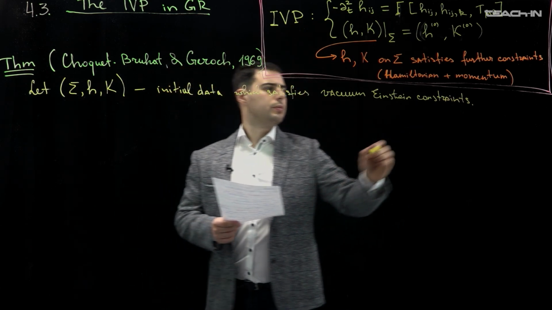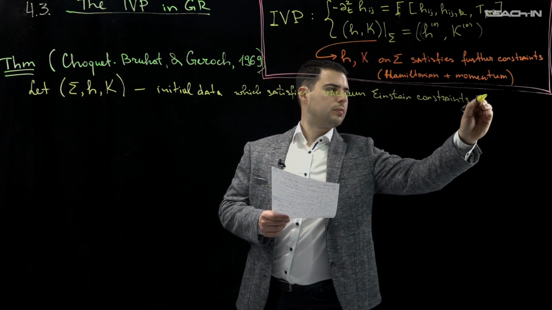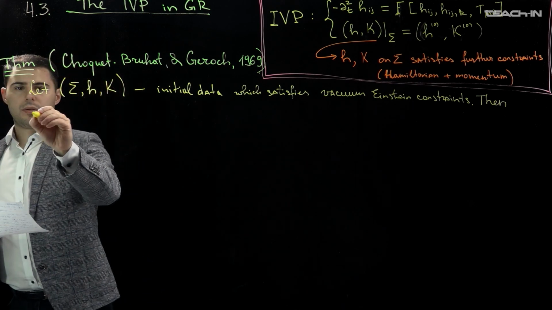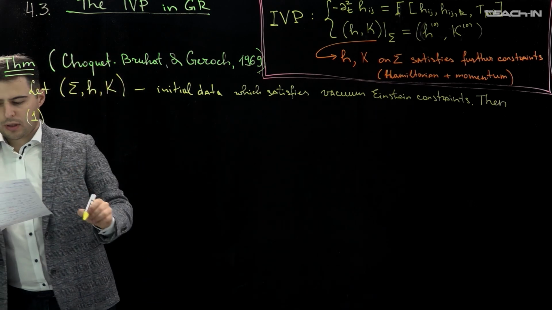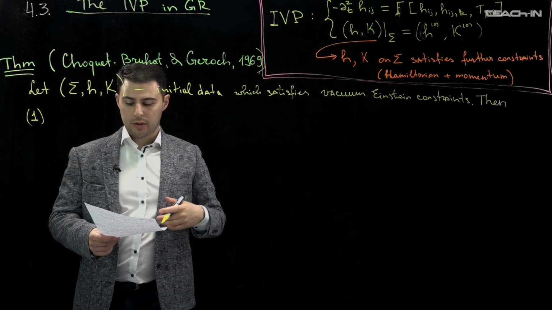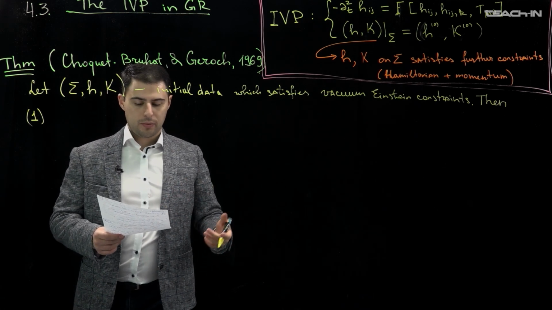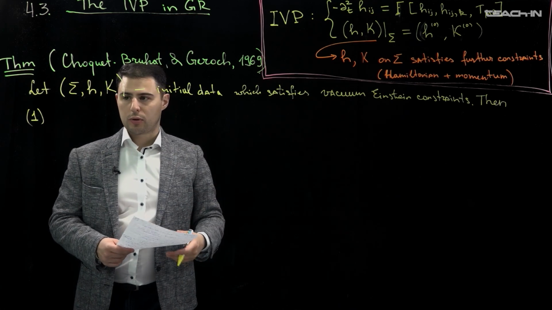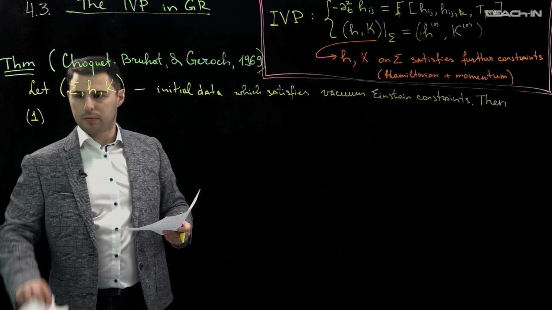Then, first of all, there's a unique evolution, of course, up to a diffeomorphism of this spacetime, which we'll call the maximal Cauchy development.